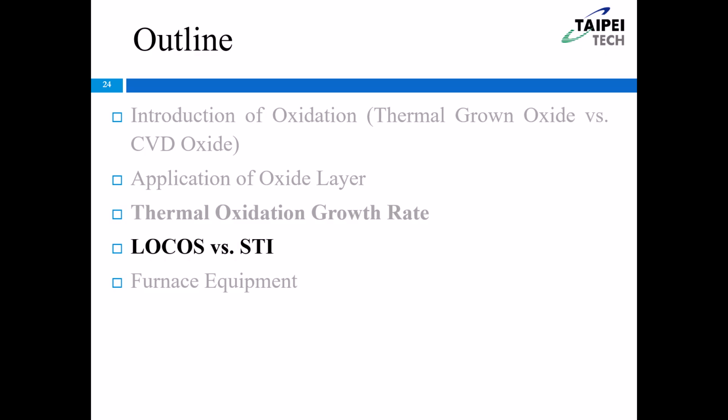I will tell you the difference between these processes. LOCOS is the semiconductor process we use with technology nodes larger than 0.25 micrometer, and STI is used when the technology node is smaller than 0.18 micrometer. Until right now, we still use shallow trench isolation.